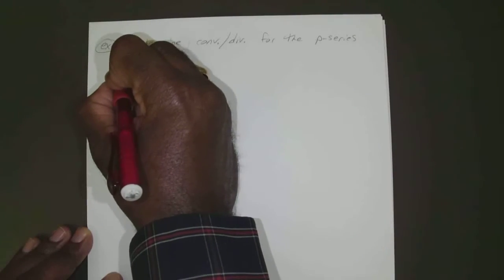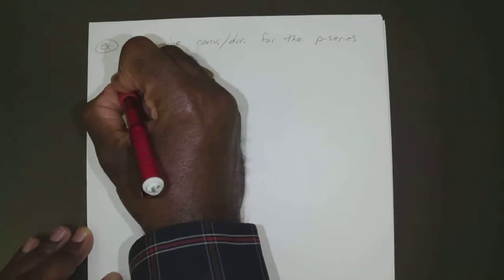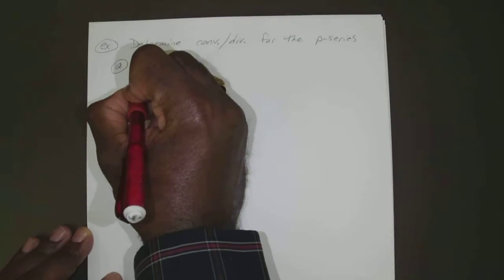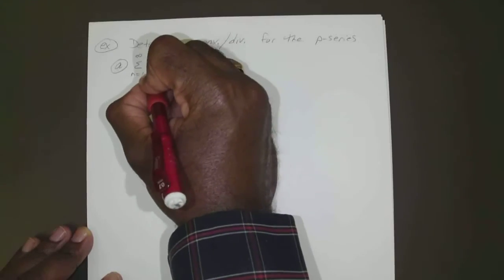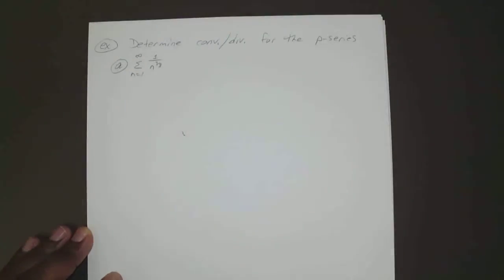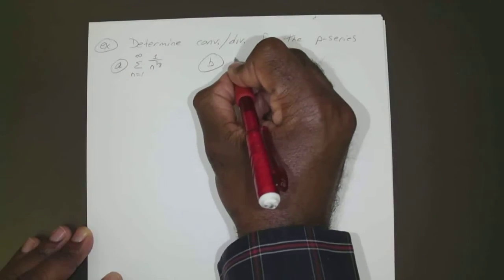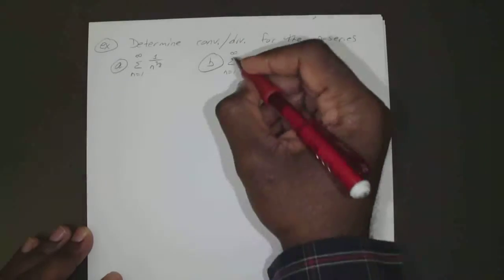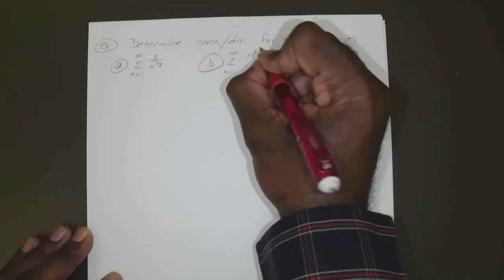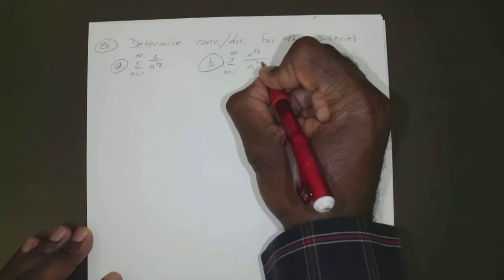Say for problem A here, the sum from n equals 1 to infinity of 1 over n to the 7/8. And for B, the sum from n equals 1 to infinity of n to the power of 5e over n to the power of 7 pi.